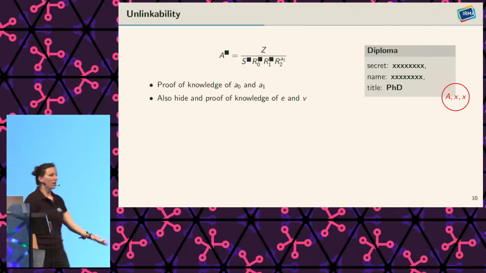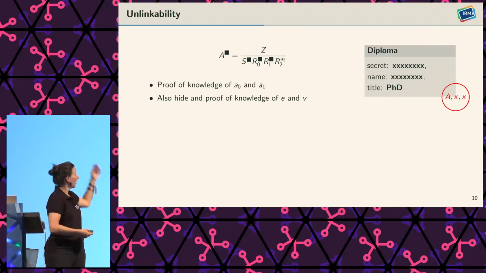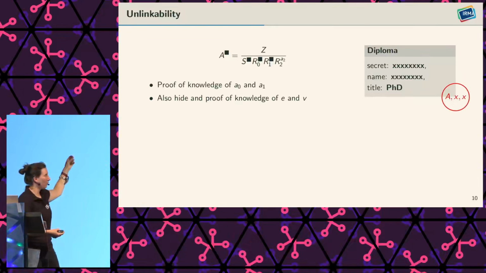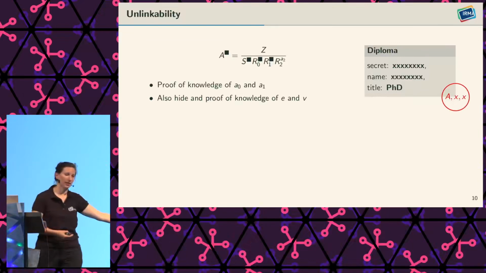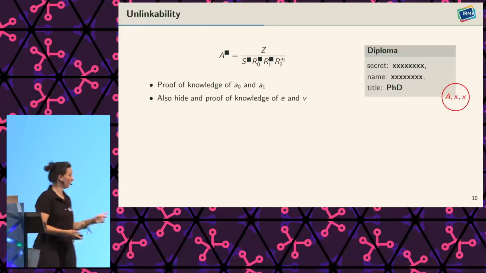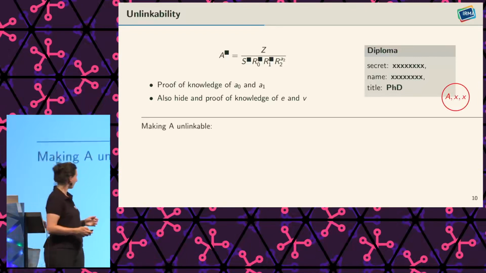We can't just hide A with this discrete logarithm because it's not in the exponent. If we want to change that, we must change something on the left-hand side and on the right-hand side of the verification equation. Otherwise, it won't verify anymore. And this is possible, as follows.